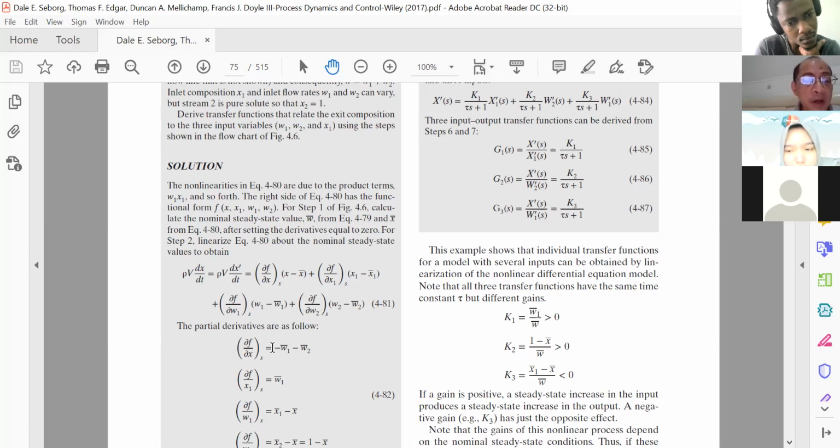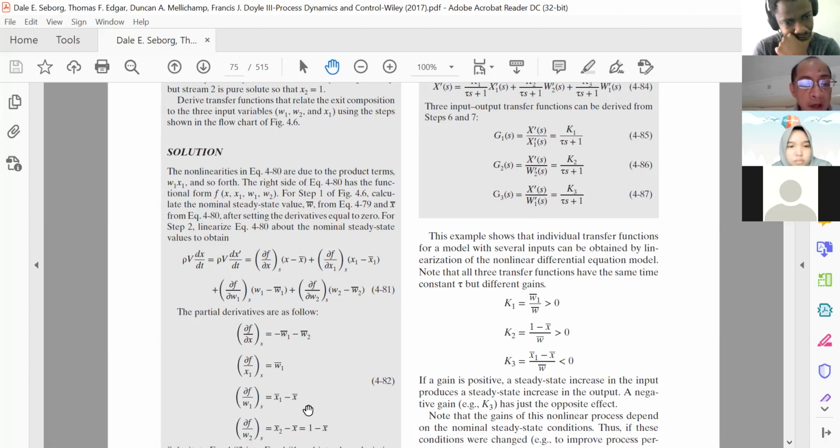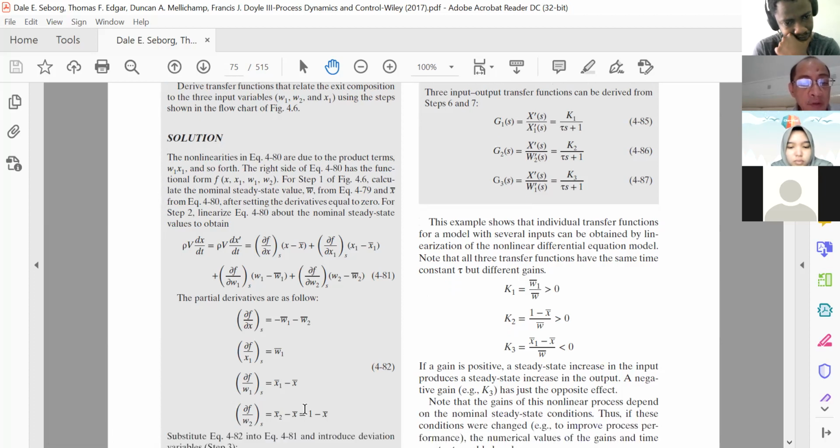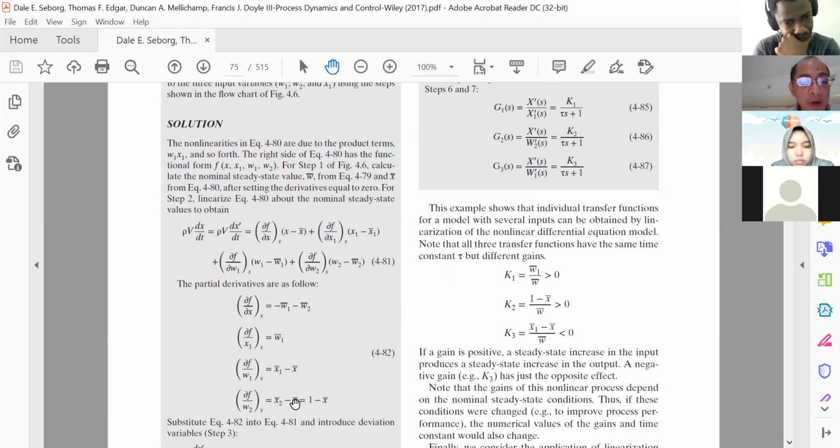Look back at the equation. And df dx1 is w1, df dw1 will be equal to x1 bar minus x bar, and df dw2 will be x2 bar minus x bar, which is 1 minus x. Any questions?